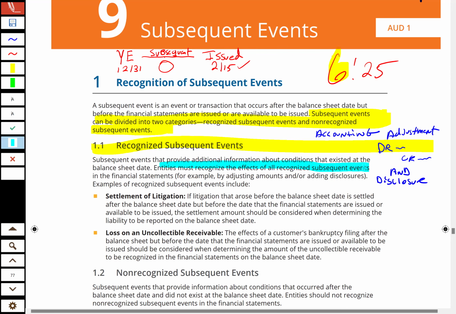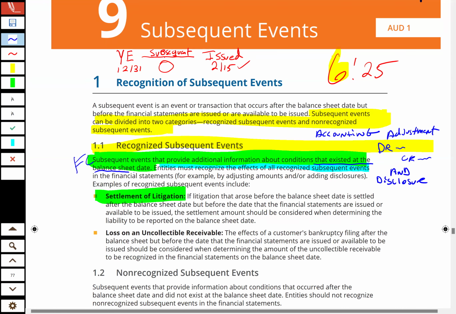Okay. Now, these subsequent events provide additional information about conditions that existed at the balance sheet date. For example, settlement of litigation, okay, is a good example. And what flashcard: recognized subsequent events provide additional information about conditions that existed at the balance sheet date.